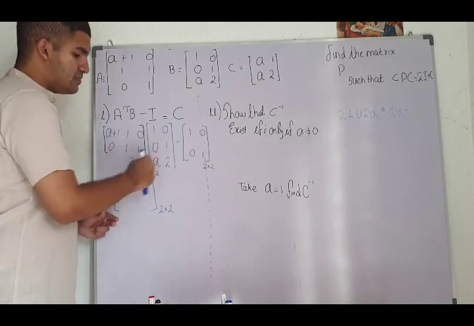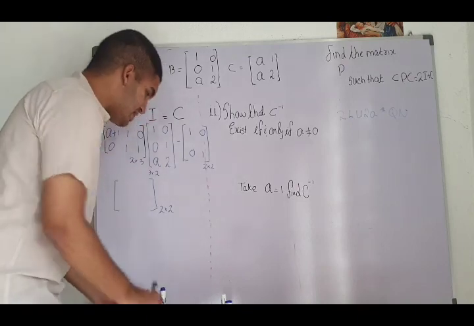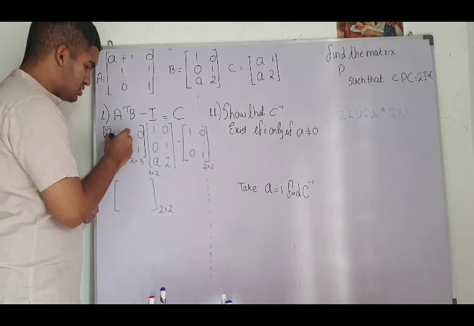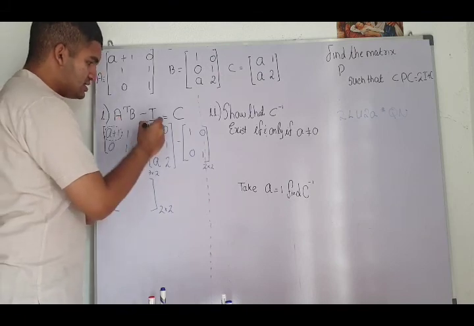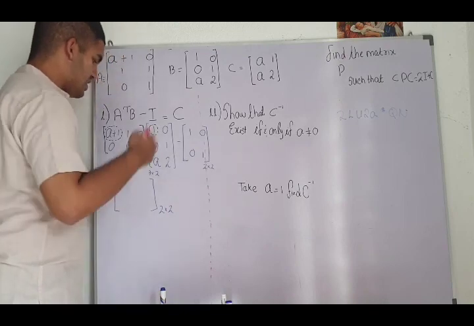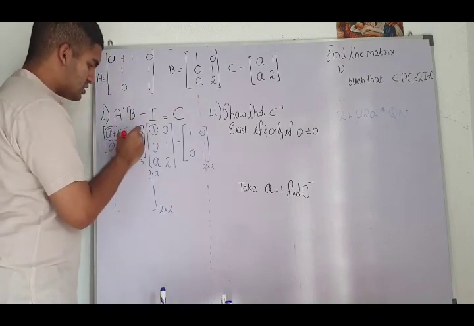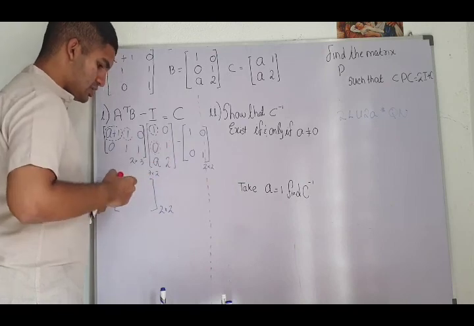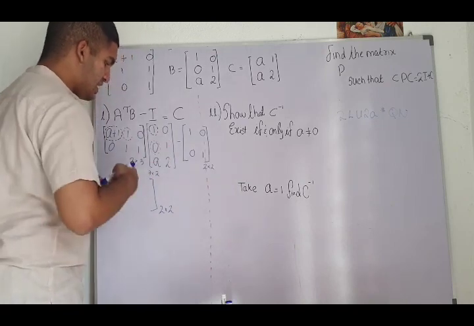This will be multiplied by this. I'll do that in another color so you can understand. In dotted lines. And in red color we have this. And in blue color I have this.